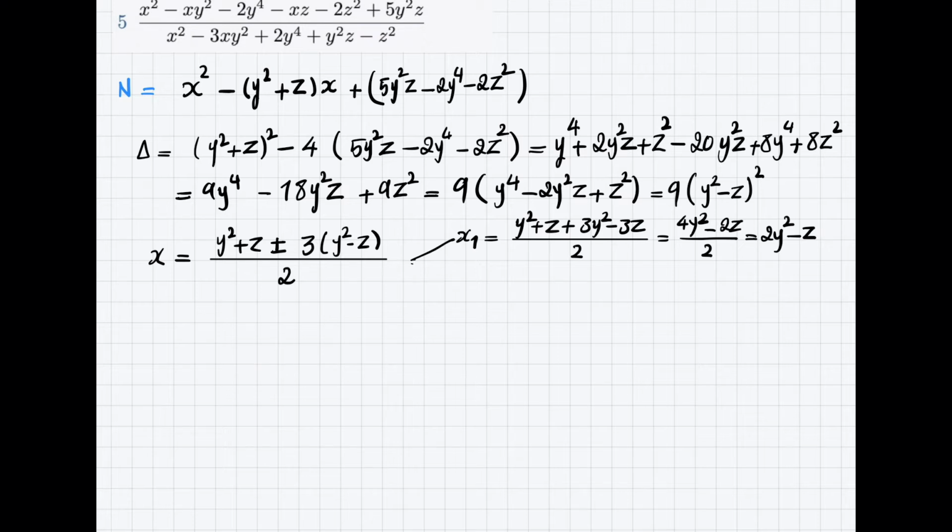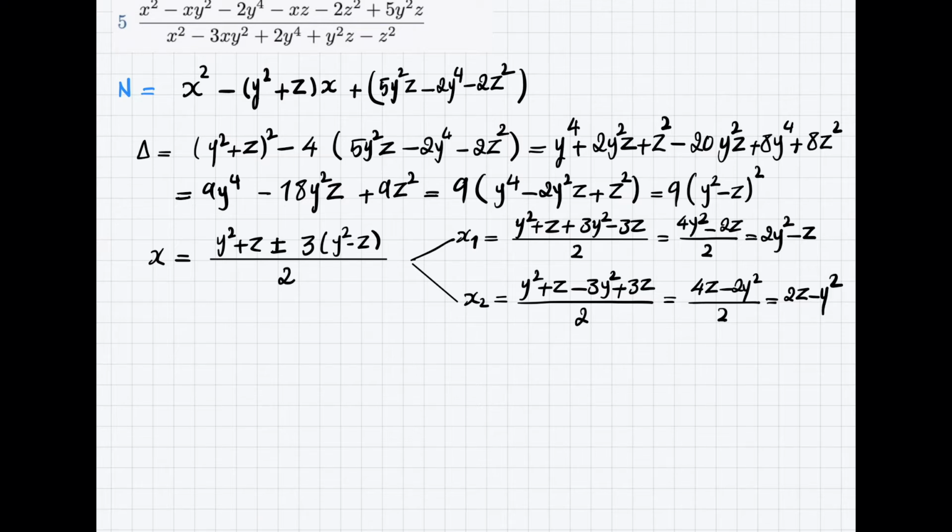And then I will do the same thing for x sub 2, the second root, by taking the negative sign into account. So this becomes y squared plus z minus 3y squared plus 3z divided by 2. If I simplify that, it becomes 4z minus 2y squared divided by 2. If I factor a 2 and the 2s cancel, I will be left with 2z minus y squared.